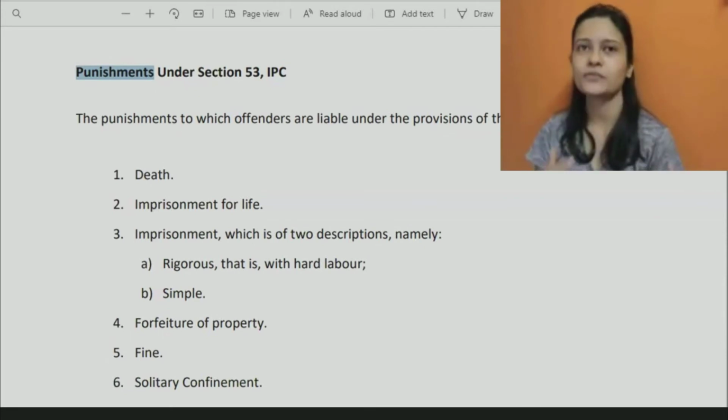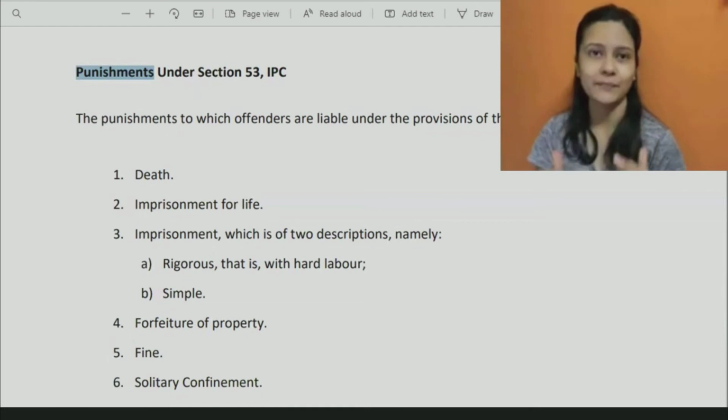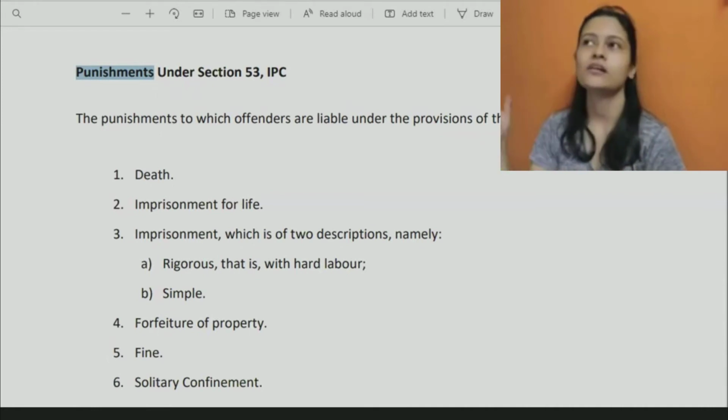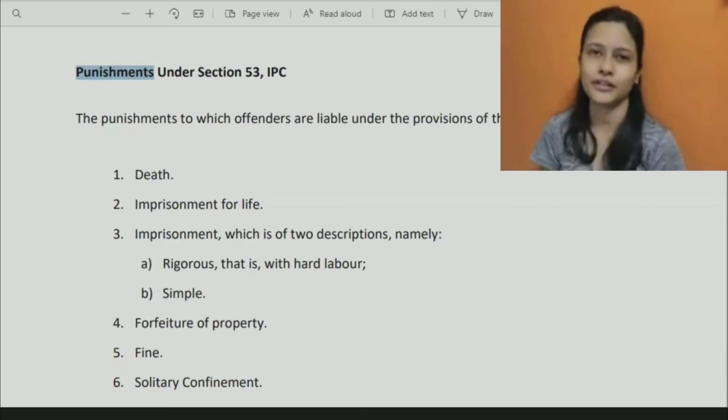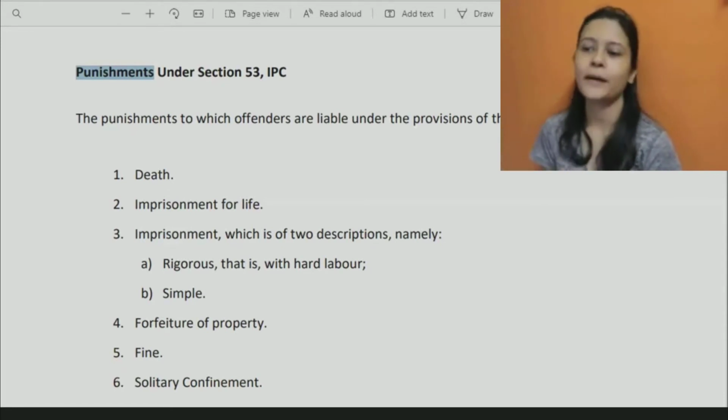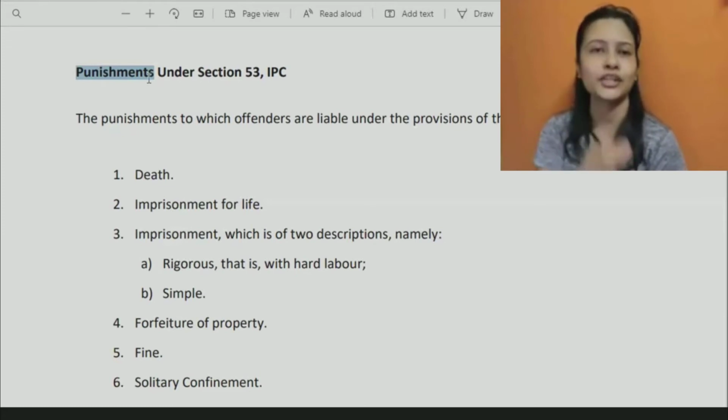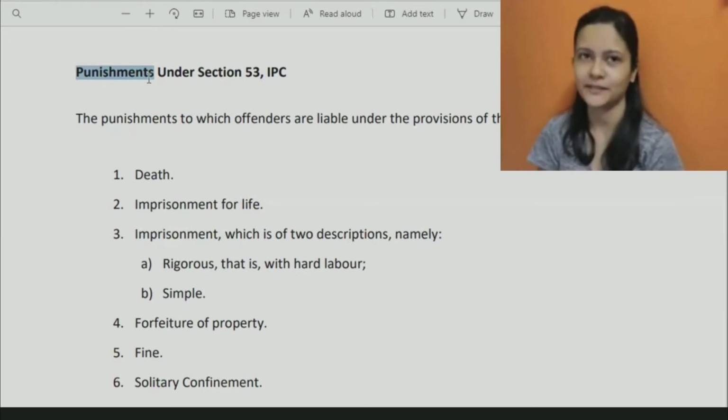Is it because we want to set an example in front of other like-minded people, that if you commit this kind of wrong, this is the consequence you will have to face? Or is it that we want to reform that person? For that, we have 5 different theories, which you will study in jurisprudence. That's a different subject. But now we are concerned with punishments given under the Indian Penal Code.